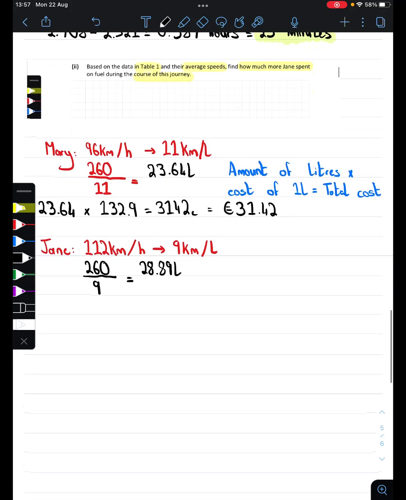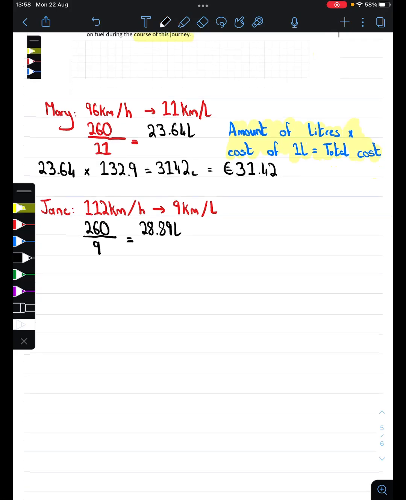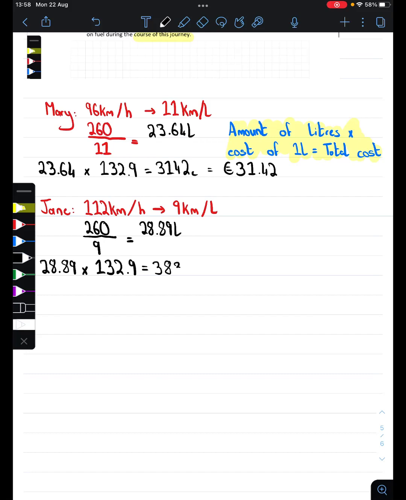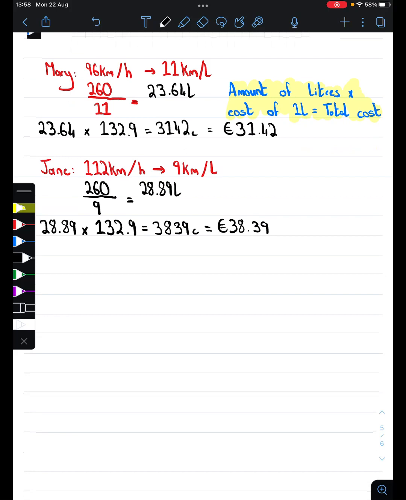So she used 28.89 liters on her journey. So let's use this formula again to see how much she spent. The amount of liters she used times the cost of 1 liter. So 28.89 times the cost of a liter, 132.9 cent, equals 3,839 cent to the nearest cent, which is 38 euro and 39 cent. So that's how much Jane spent, and that's how much Mary spent.